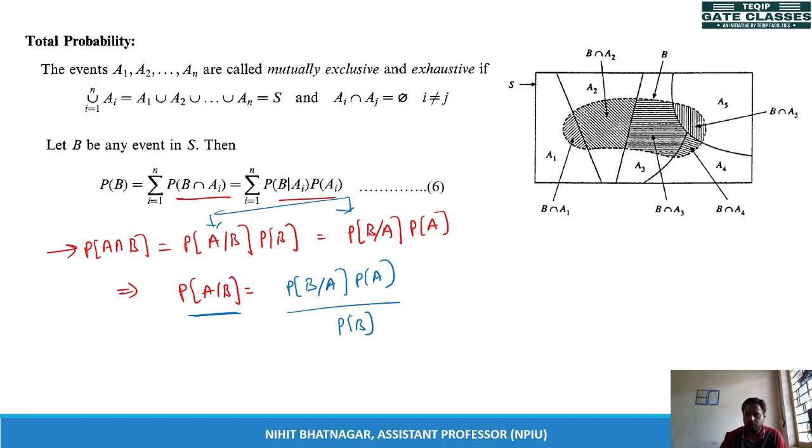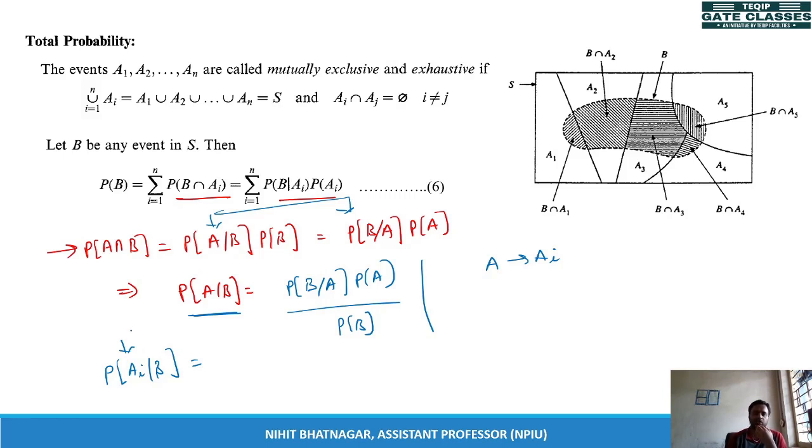Or as in the law of total probability, if I change A to Ai, any event A1, A2, A3 up to An, the probability of event Ai given B. For example, say Ai is a game of shooting.